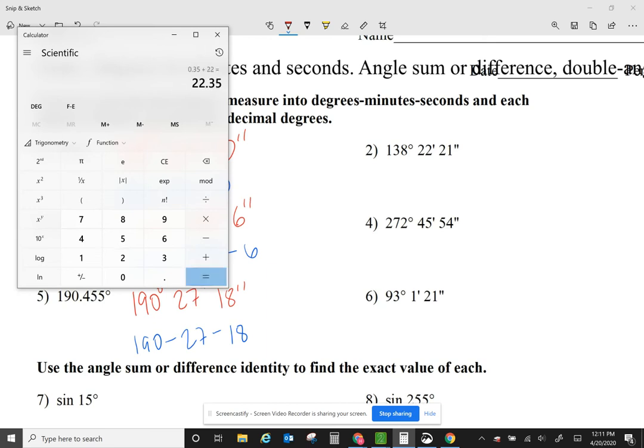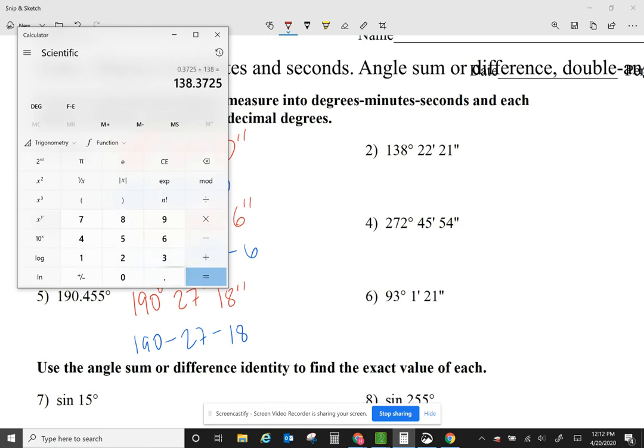And I'm going to divide by 60. So it gives me a decimal. Now this decimal, let me add it to 138.